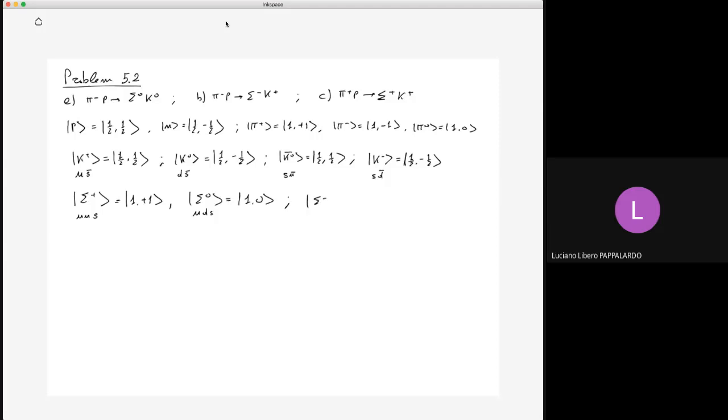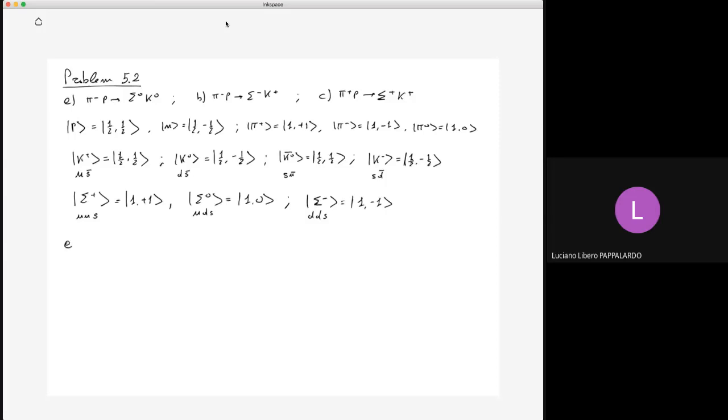And finally, the sigma minus is 1, minus 1, and the quark content is dds. As you see, the sigma plus, sigma 0, sigma minus form an isospin triplet, quite similar to the three pions, with the same isospin quantum numbers. Having said all that, let's start solving the problem.